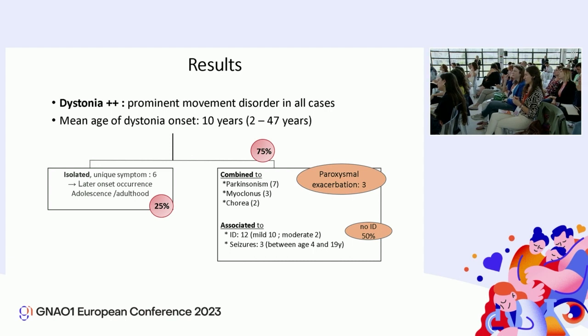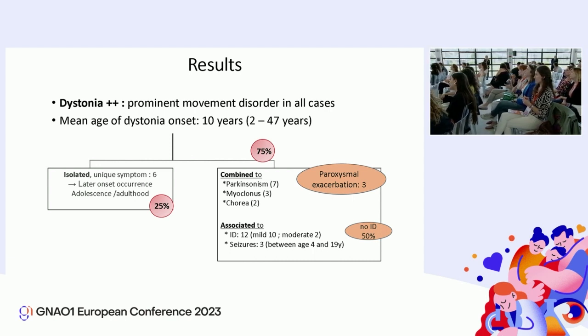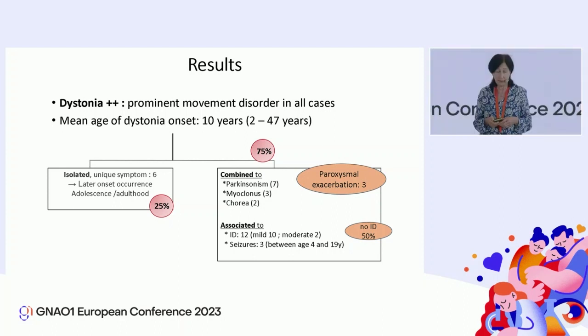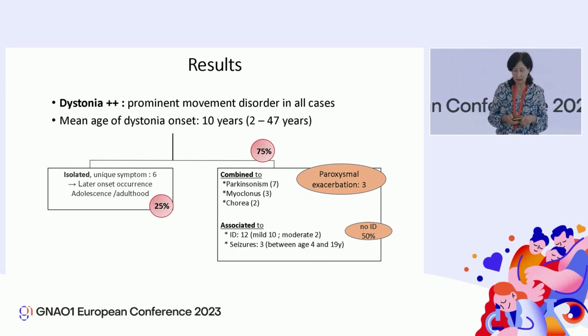The dystonia was isolated, the unique symptom, in 25%, 6 patients, with later onset during adolescence or adulthood. In 75%, dystonia was combined to parkinsonism in 7, myoclonus, and chorea in 2.